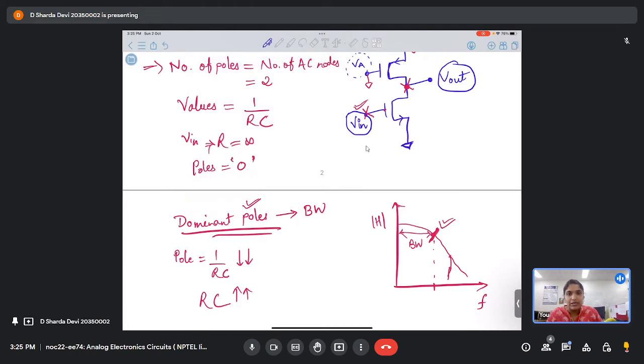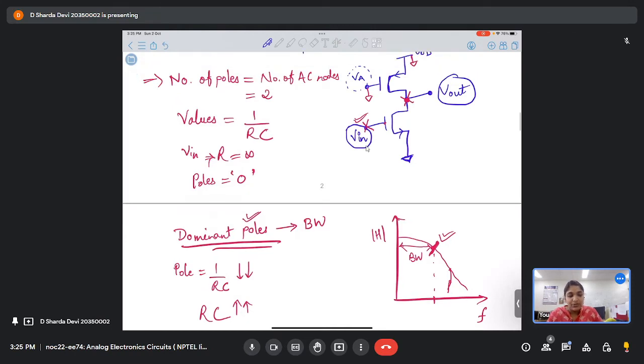If you see an AC node connected to gate, it is never considered because the pole's value becomes 0, so this pole will come at the very beginning, so we generally neglect this. After that, we look for the pole which shows higher values for R and C. We fetch for those.